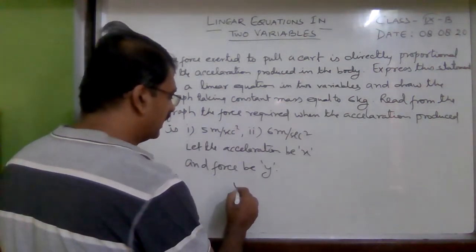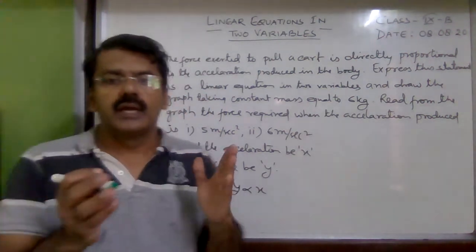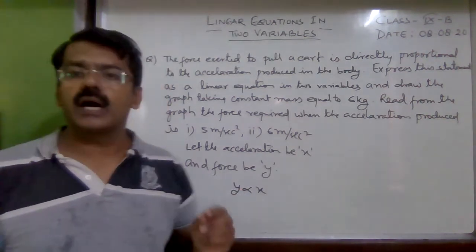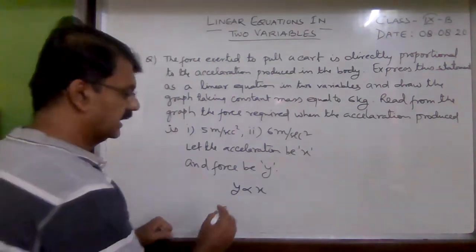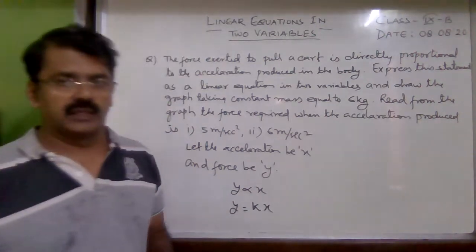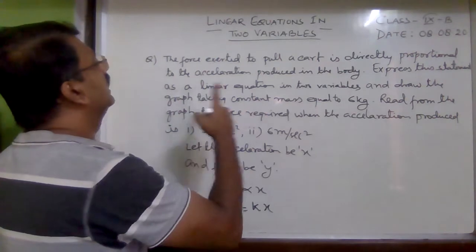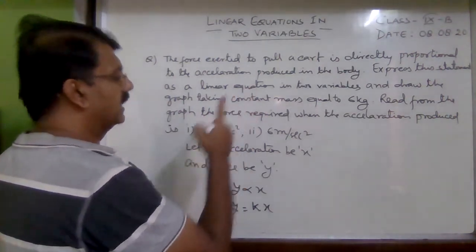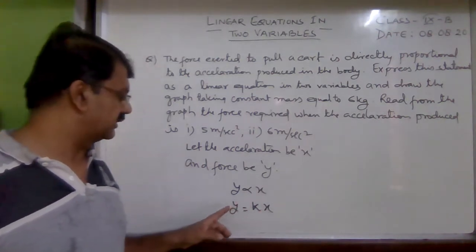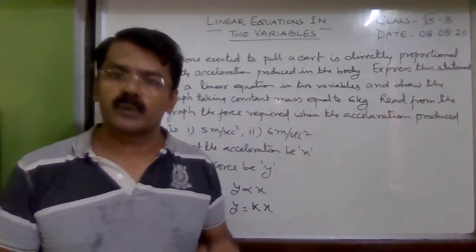So that means y is directly proportional to x. Whenever you remove the proportionality sign, you have to introduce a constant of proportionality. So here, suppose the constant of proportionality is k. So this is the linear equation in two variables where x is the acceleration produced, y is the force exerted, and k is the constant of proportionality.